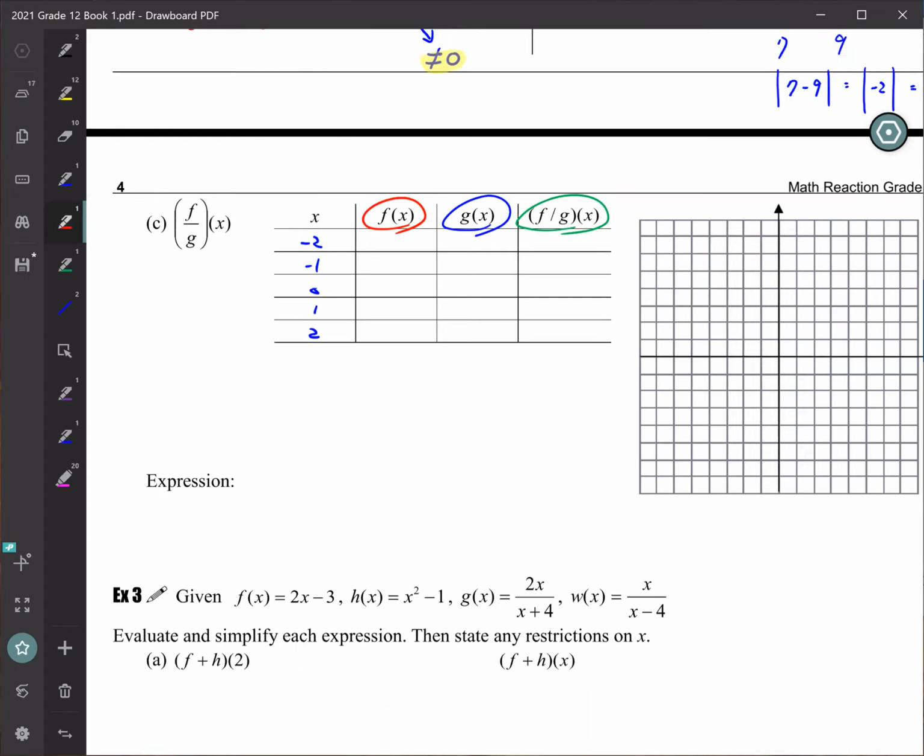From the previous table, it's the same one: -3, -1, 1, 3, 5. And for the blue one, 5, 4, 3, 2, 1.